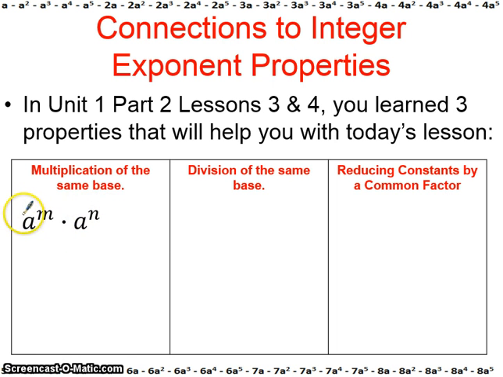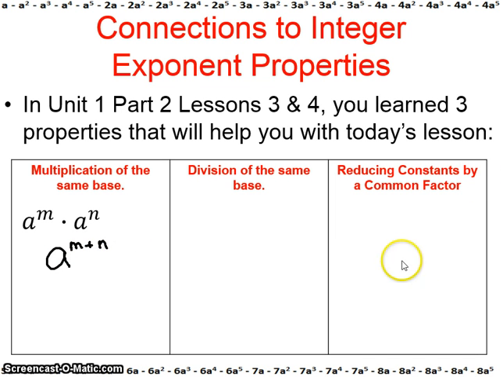And like we learned in the last slide, this is just one term because there is no addition or subtraction. So how do we simplify multiplication of the same base? Well, we keep the base the same and we add the exponents.